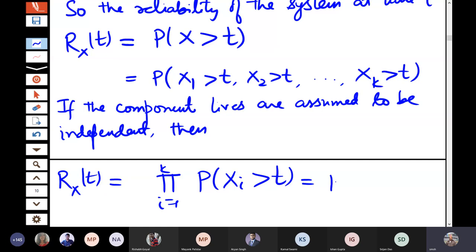That is the product of the reliabilities of each of the components at time t. So for a series system, the system reliability is the product of the individual component reliabilities.